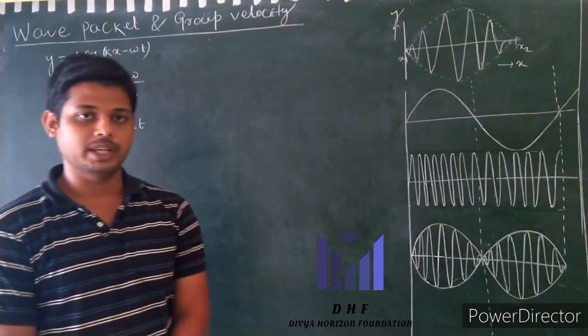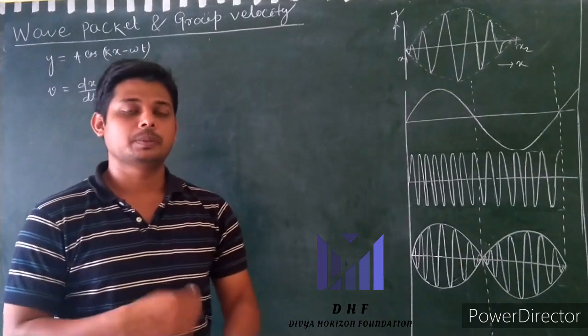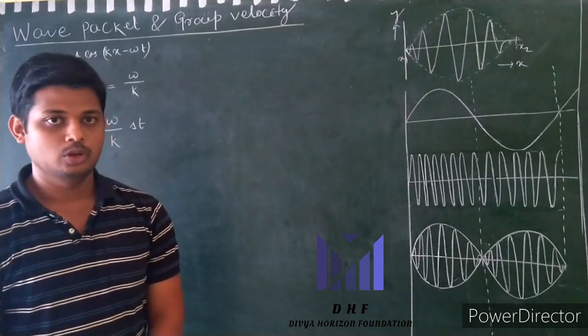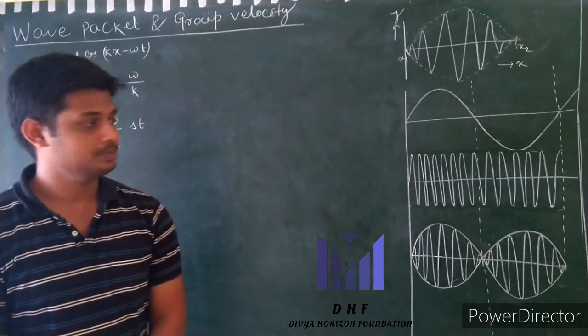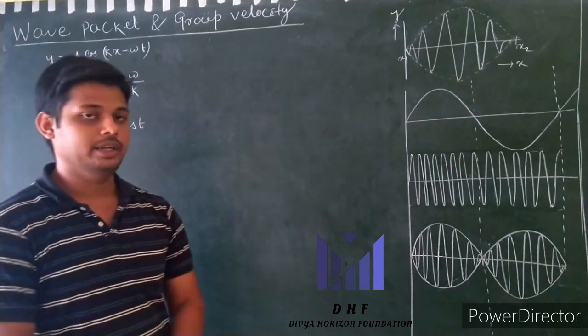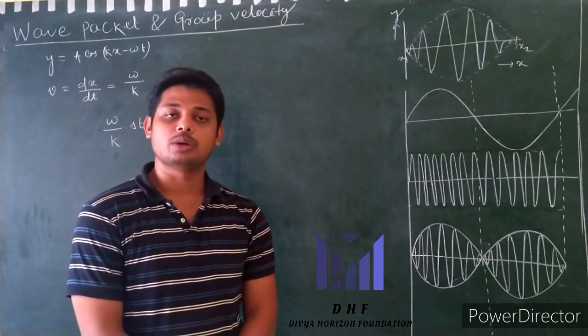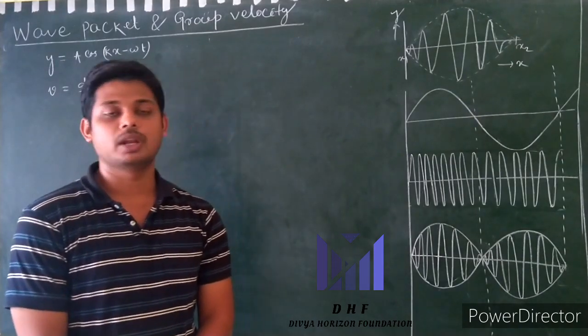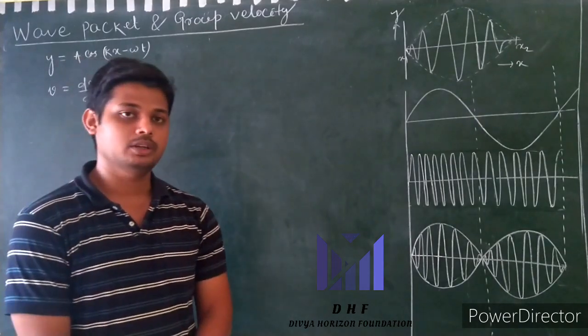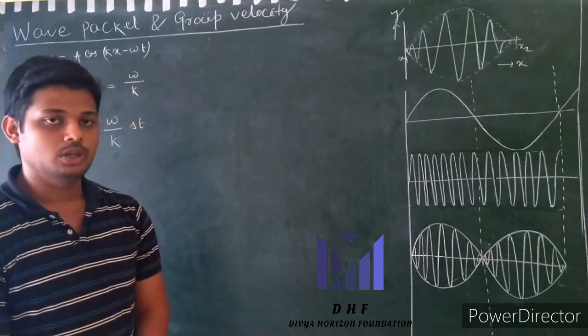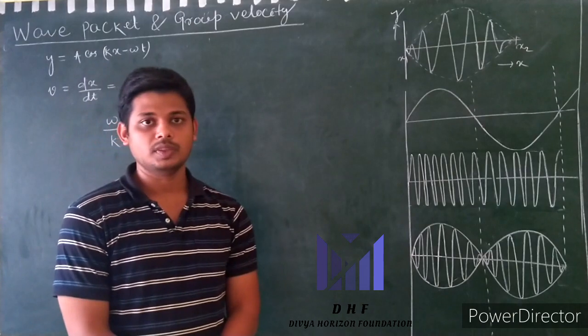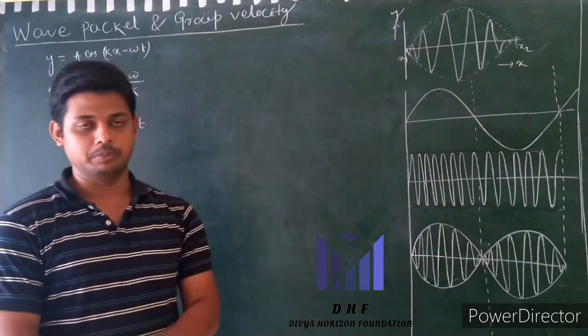At a later time del t, the shifted monochromatic waves will also construct a wave packet, but this wave packet may not be similar to the previous wave packet which we got at time t is equal to 0. There may be some difference.